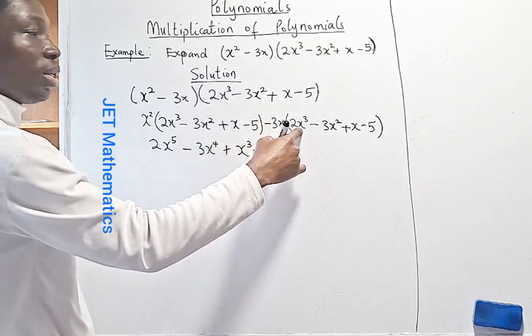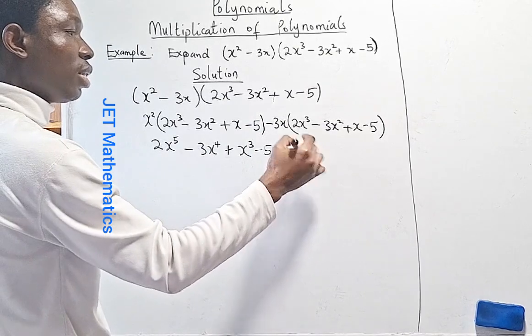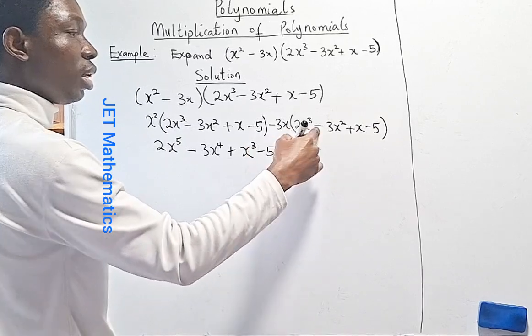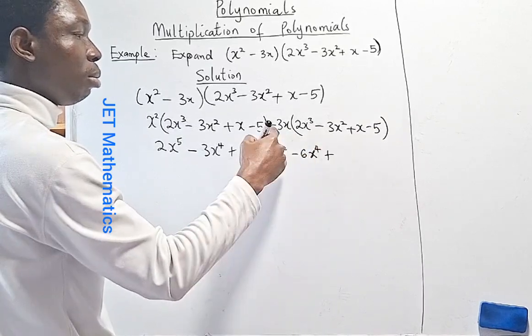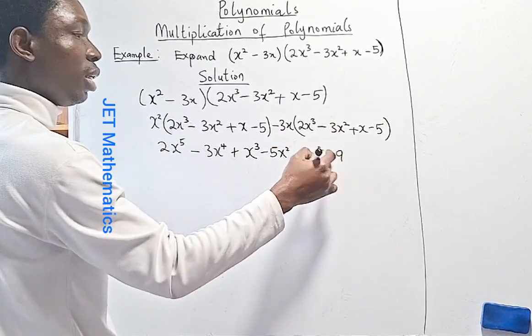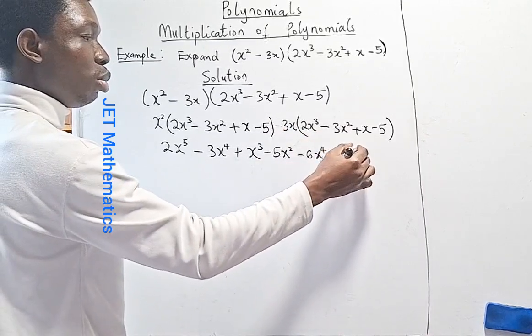Then this times this gives us minus 6x, 3 plus 1 is 4. This times this gives us plus, minus minus means plus, 3 times 3, 9. And then s times s squared is s cubed.